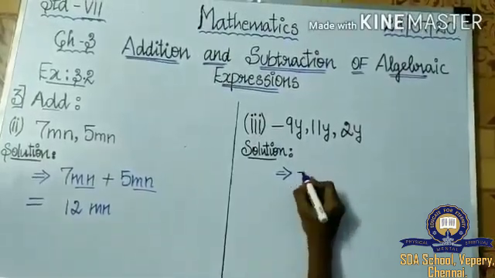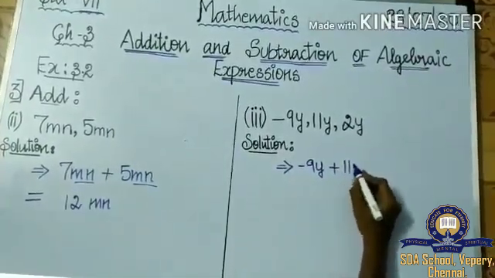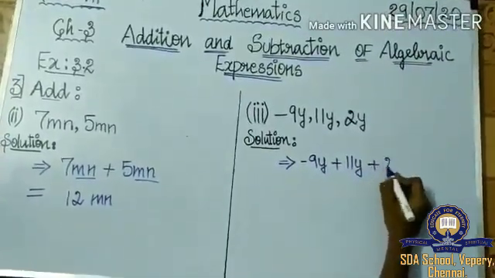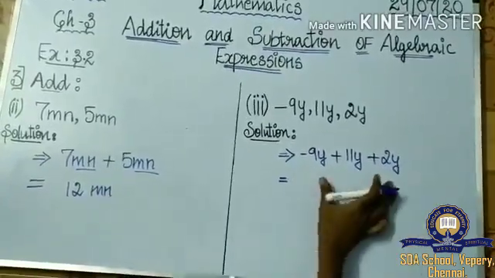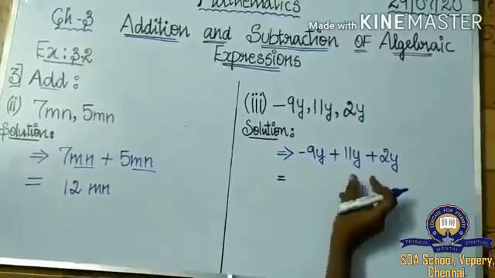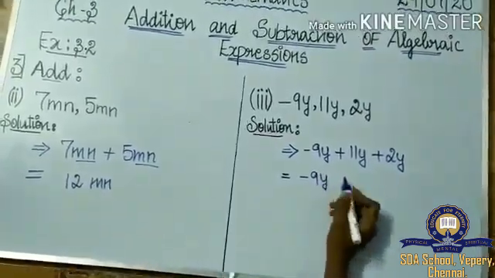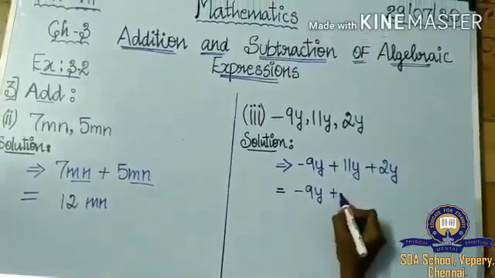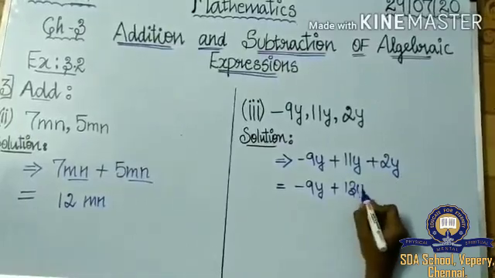Step 1: we add, so minus 9y plus 11y plus 2y. The second step is we are going to add the terms. First we will add the positive terms, so add 11 plus 2, we will get 13y.